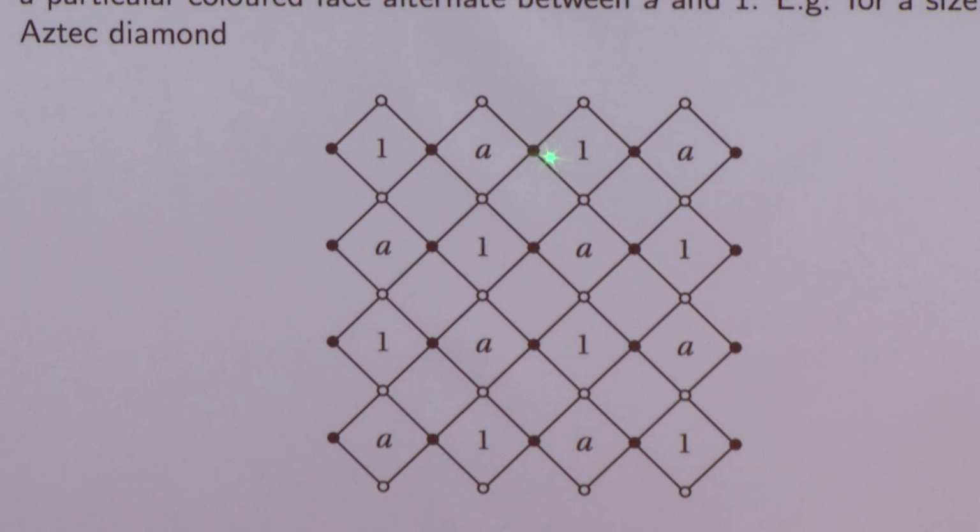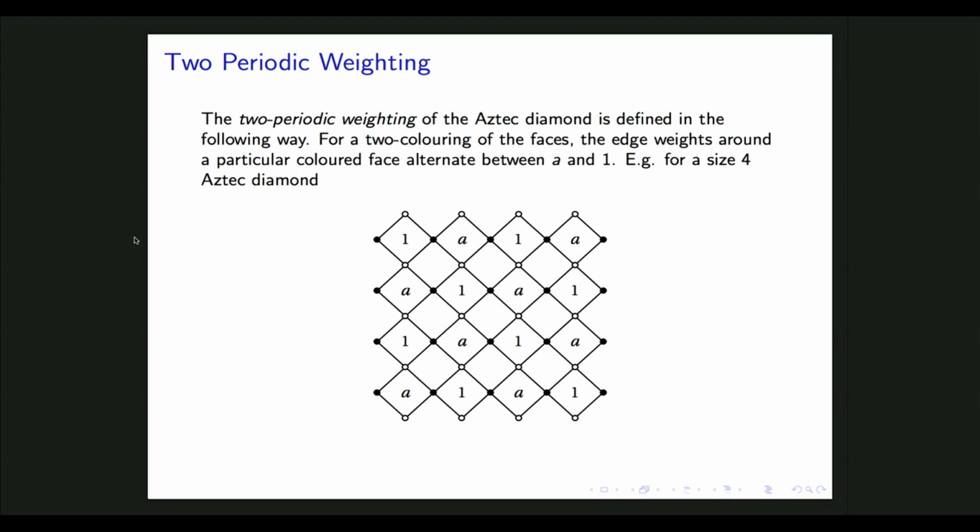So this would have weight A, this would have weight 1, and so on. In this way, I get this two-periodic structure in the weights. This is a different choice of weights than we had for the standard Aztec diamond that I was talking about in the previous talk.